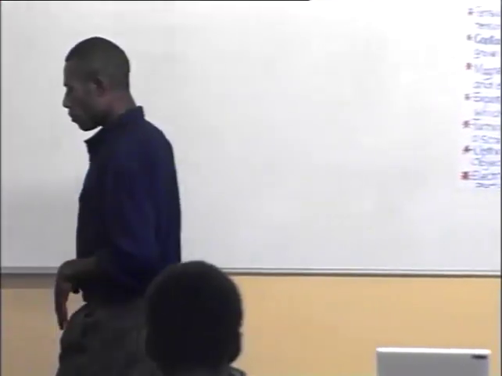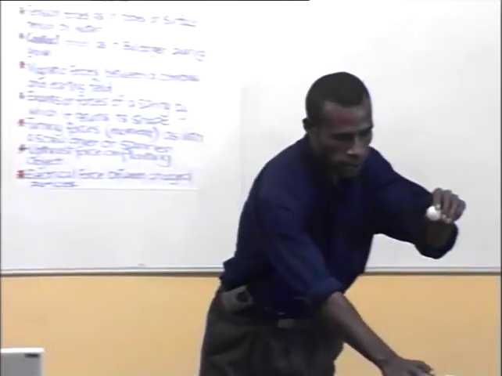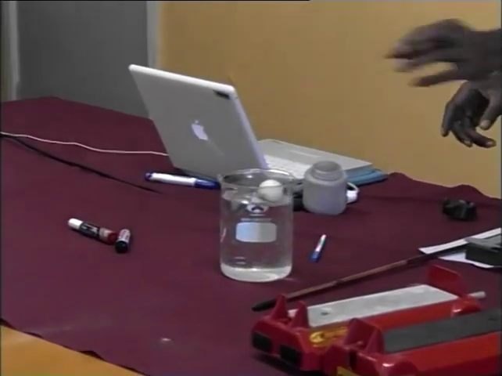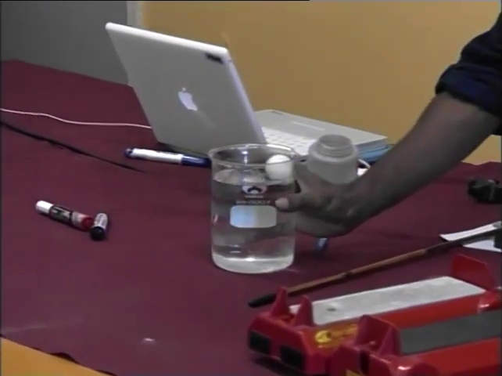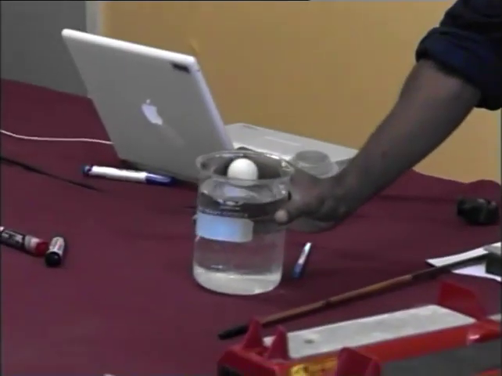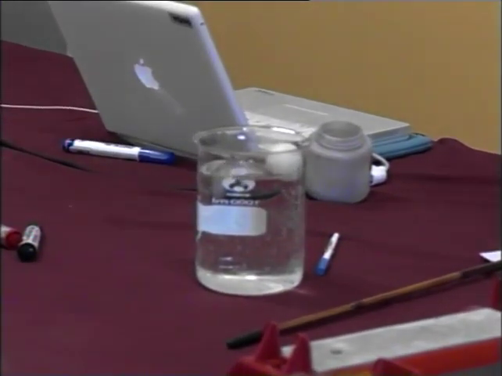All right, we have to take this one fast. Look at this. If I leave this one, what do you see? It is floating on the surface of the water. Now why this happens is because of the upthrust provided by that liquid.